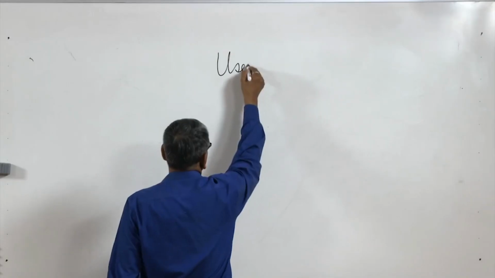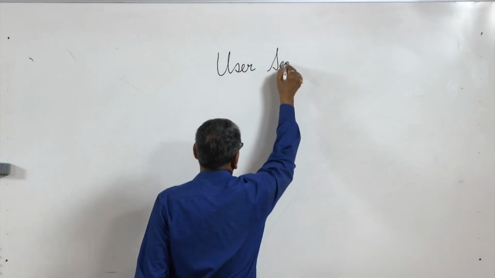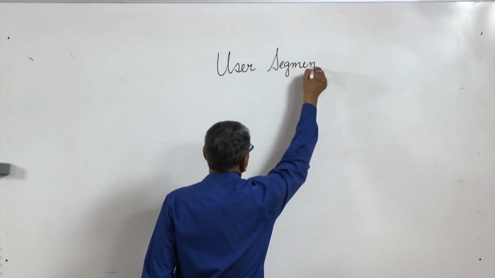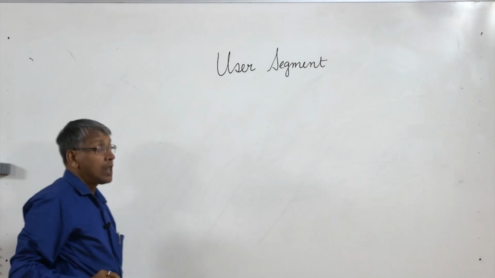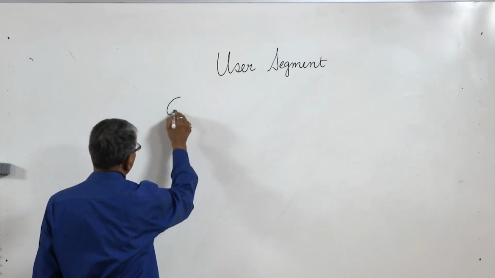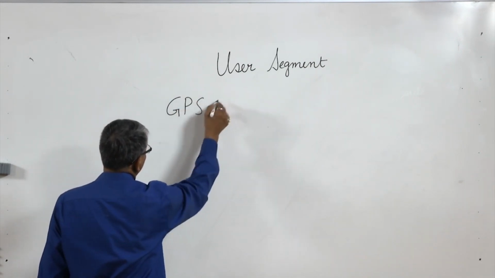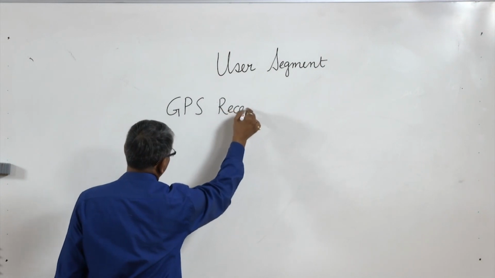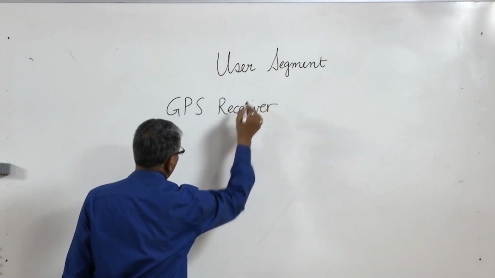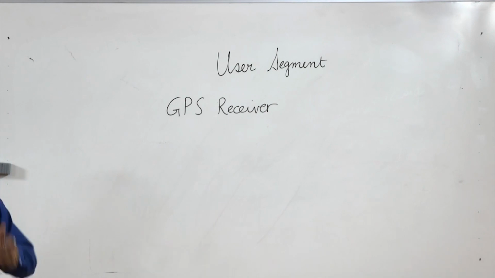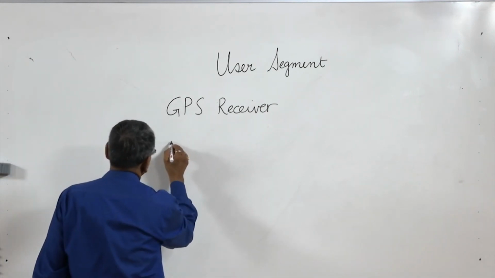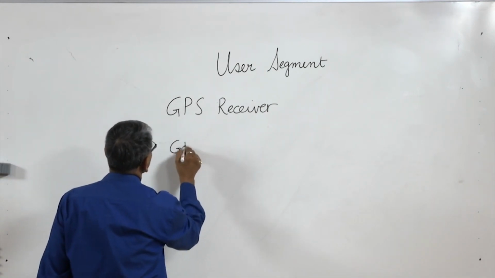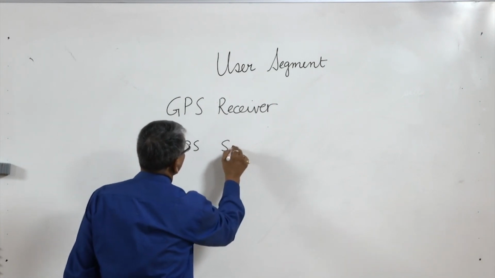The user segment consists of two parts. One is the GPS receiver, and the other part is GPS software.